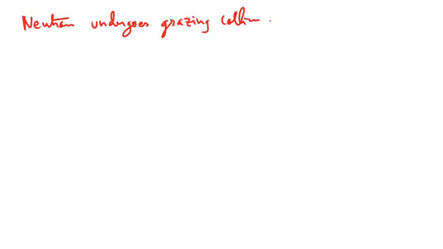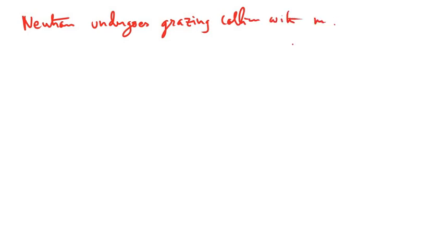Now the first case is that of uncharged particle, basically neutron. So a neutron undergoes a grazing collision, just touching scenario, grazing collision with nucleus.